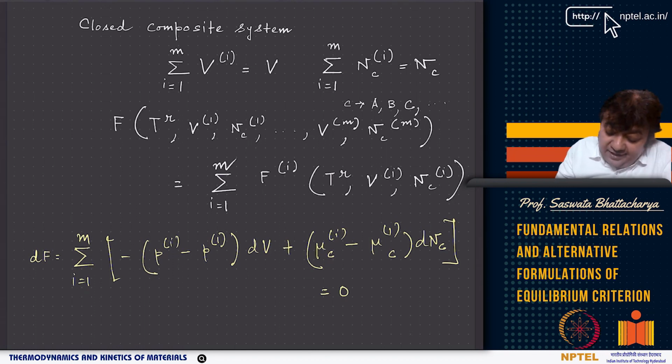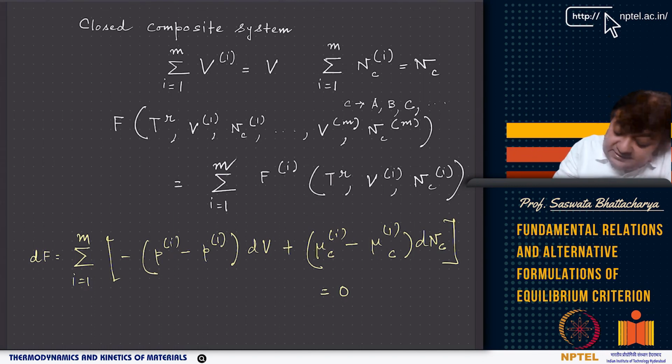Now F is a function of the temperature of the reservoir and the volumes of all these subsystems, because temperature is now fixed. The temperature of each subsystem is that of the reservoir.